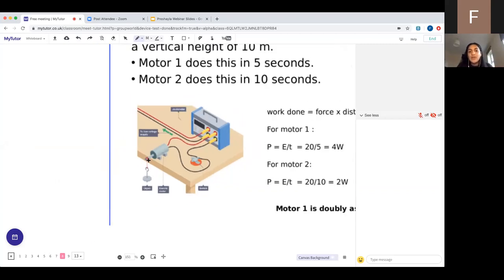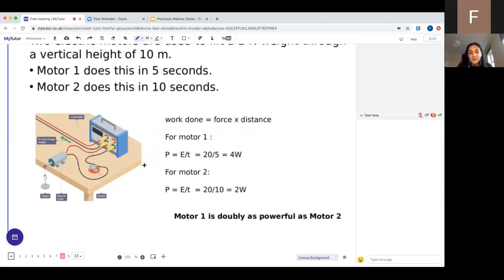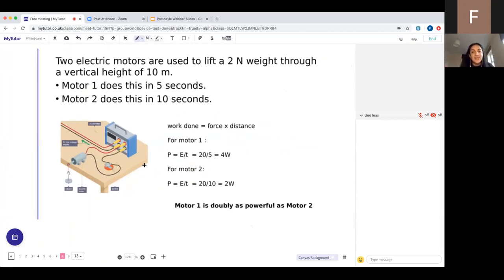So we try out 2 different motors in our little mini experiment. The same weight, the same height. They're both 2 Newton weights and they're both trying to be lifted by the same amount, so moved up by 10 meters.